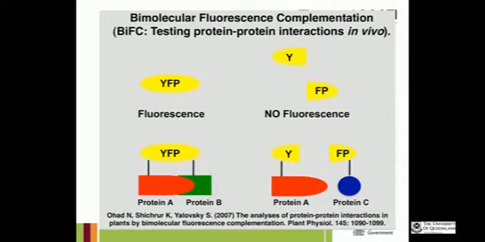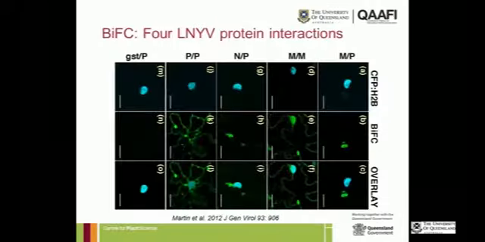If these two proteins, A and C, do not interact, you don't see any fluorescence. If the proteins A and B do interact, they bring the two halves of the YFP together, so it reconstitutes some of the YFP, and you can visualize this by confocal microscopy.